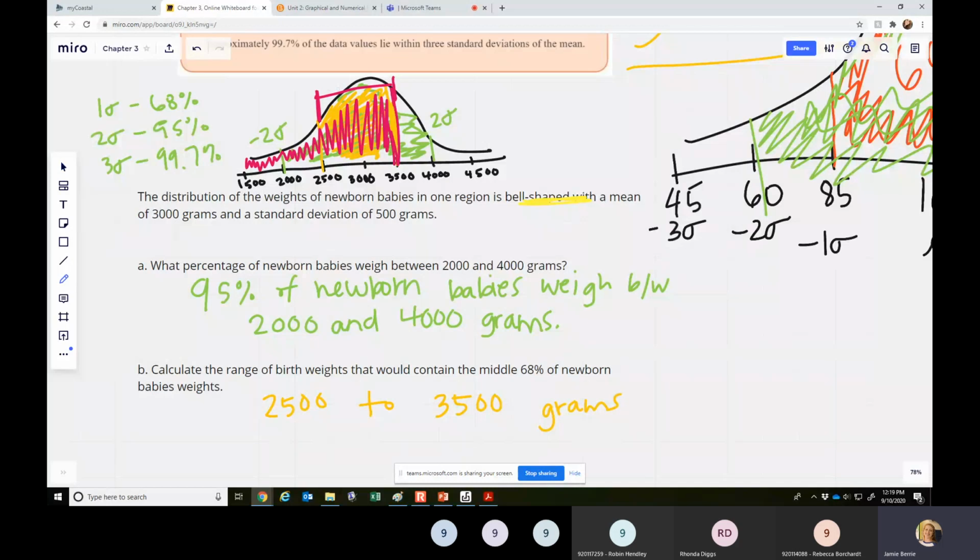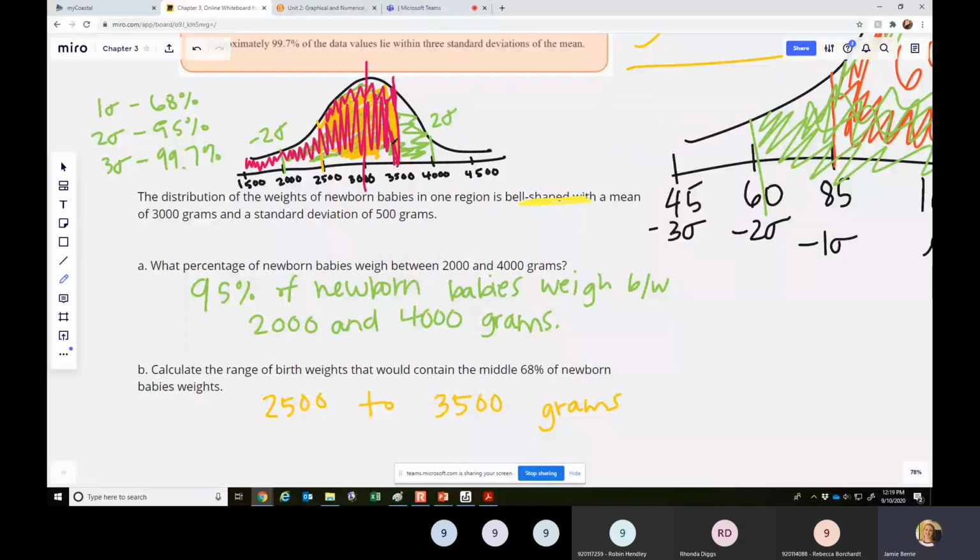What your book does, and I think it's smart because it's going to save you a little bit of work, is you could use the fact that since this is a bell-shaped curve, the mean is also the median. Remember, we learned that yesterday. The mean, median, and mode are all in the same spot for bell curves.